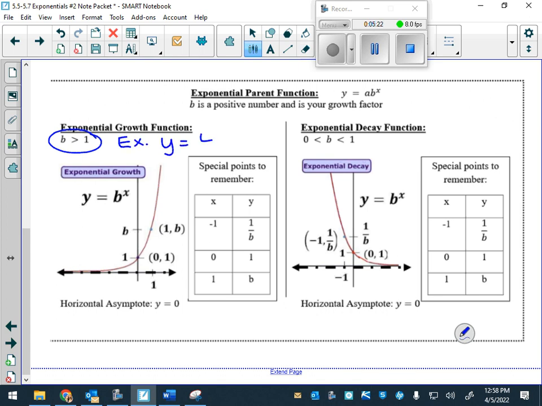Y equals 4 to the x would be an example of an exponential growth function. The b value is always attached to the x, which means it's growing. We will use a table of values to start in terms of graphing these functions. You will see the key components at -1, 0, and 1.